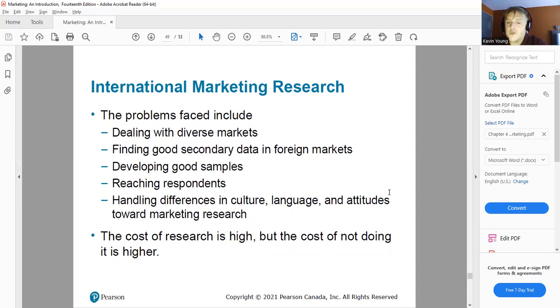The cost of the research is high, but not conducting the research and simply blindly taking a shot and developing your marketing strategy without that information, as you can see, the cost of not doing it would be higher.